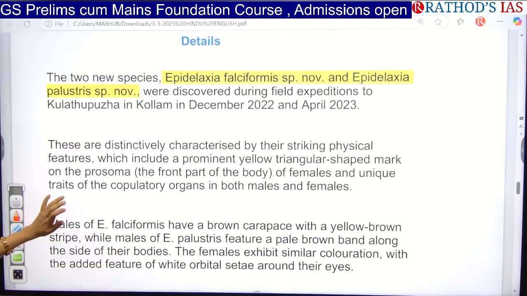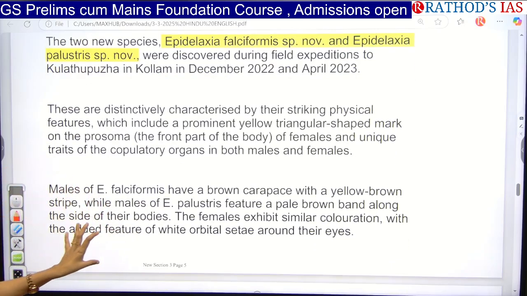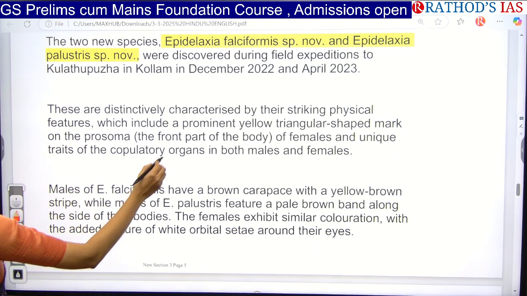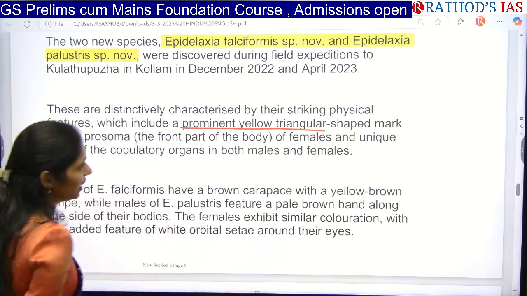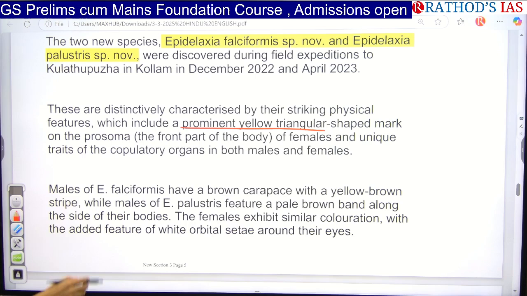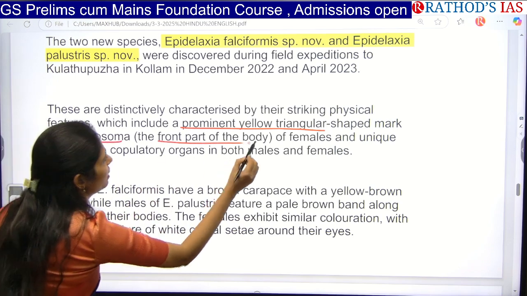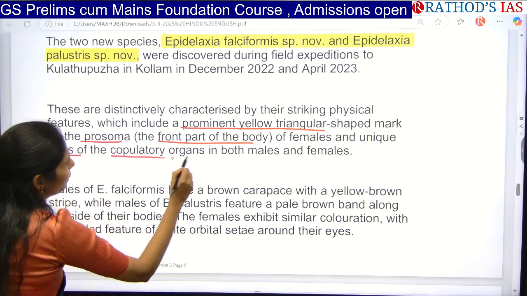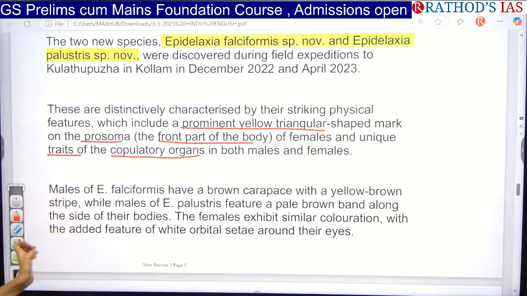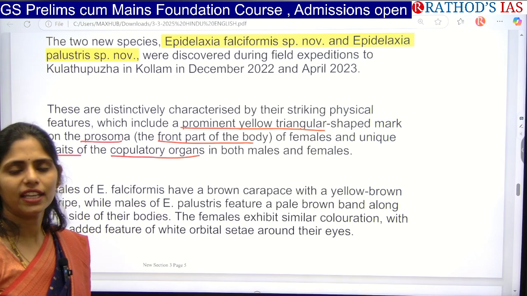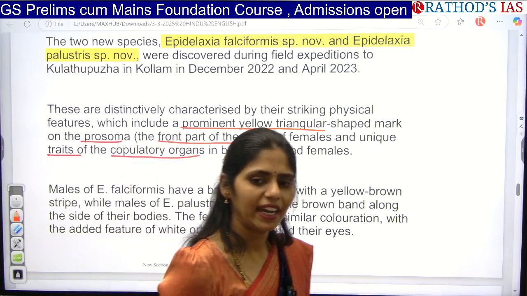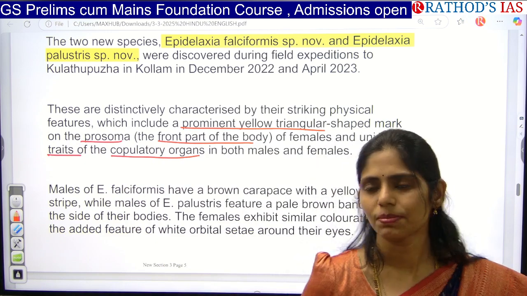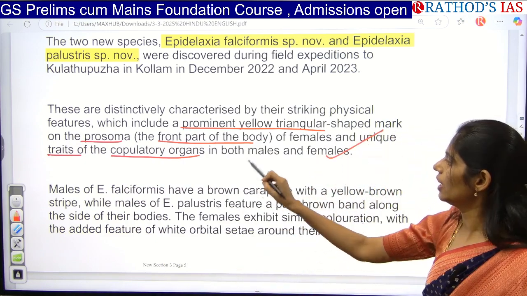Okay, and they gave the distinctive characteristics. They have a prominent yellow triangular shaped mark on the prosoma, that is nothing but the front part of the body of females, and they have unique copulatory organs in both males and females. One difference we can find from normal spiders is that they have different copulatory organs.